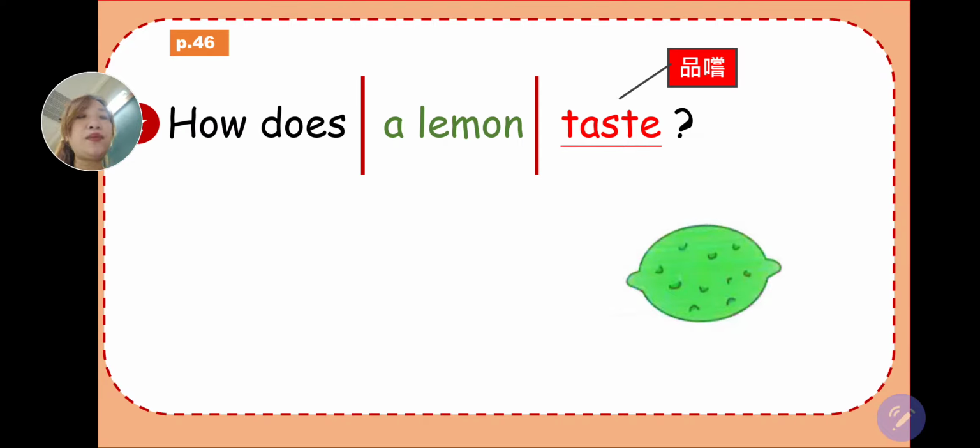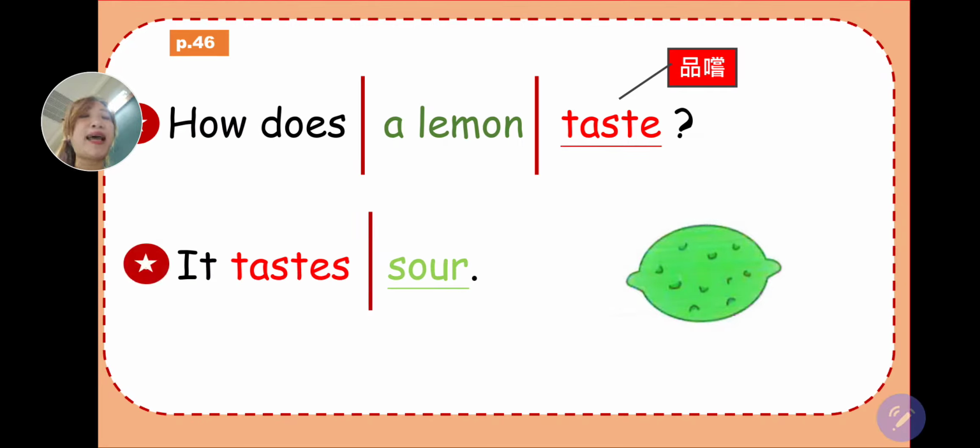So your answer will be, it tastes sour. It tastes sour. Okay, don't forget, 因为 a lemon, so you have to say single. You have to say the single, 就是单数型的 it. It tastes. 前面是3单，后面的动作要加上 s. It tastes sour. It tastes sour. Okay, so let's move on to next part.